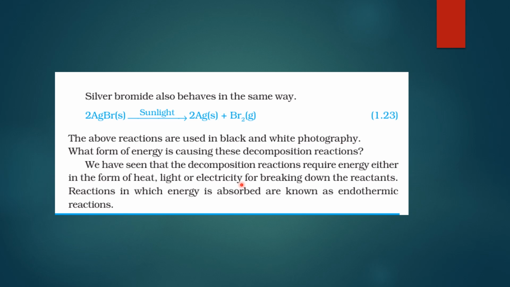So these are the various forms of energy which cause breaking down of the reactants. The reactant breaks down into simpler products, and these are all decomposition reactions. Now reactions in which energy is absorbed are known as endothermic reactions, right? So these are the reactions which absorb heat, light or electricity in order to occur.